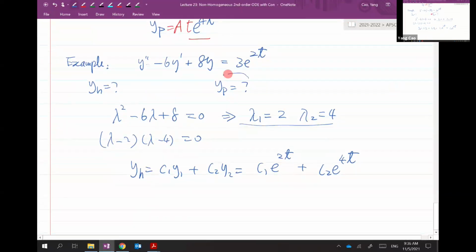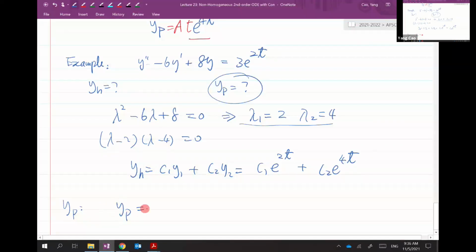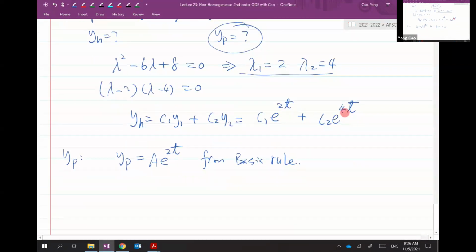So now the next step is to look for yp. To get the yp, you follow the rule. Okay, first step, basic rule. You look at the form of this input function, which is 3 times e to the power 2t. And then you look at the table. Okay, so then my yp is a e to the power 2t, right, from the basic rule. Don't stop here, right?